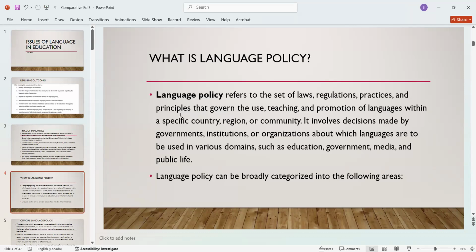It involves decisions made by governments, institutions, or organizations about which languages are to be used in various domains, such as education, government, media, and public life. Right, so now these mediums are decided by schools. We are going to have English medium, Sinhala medium, Tamil medium.